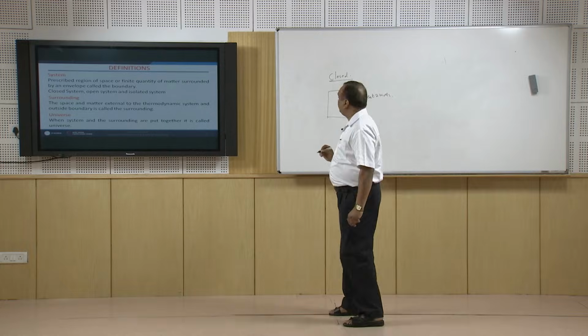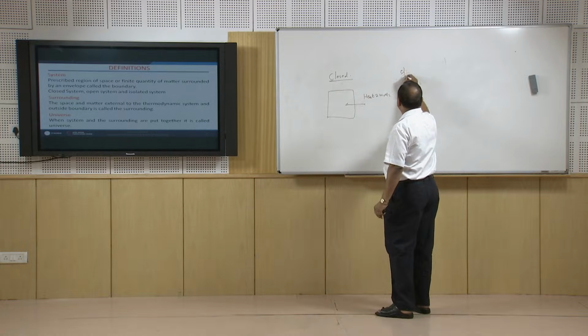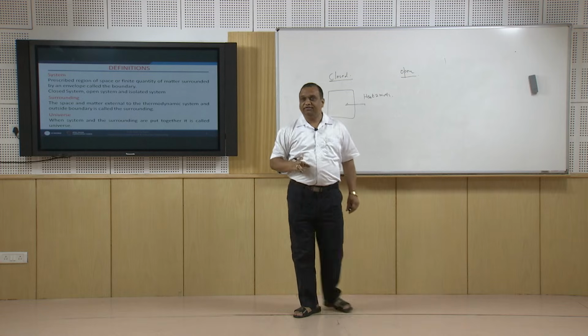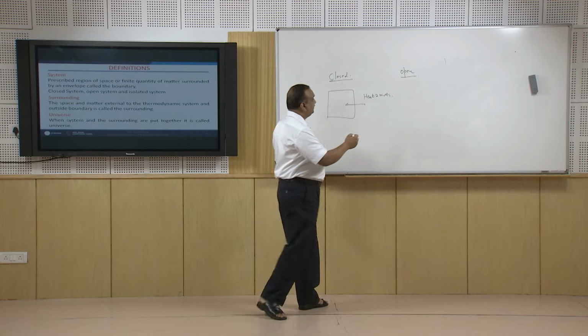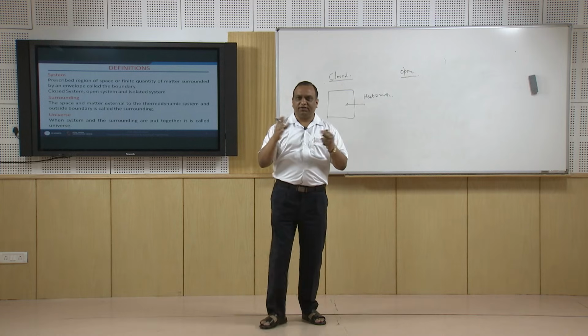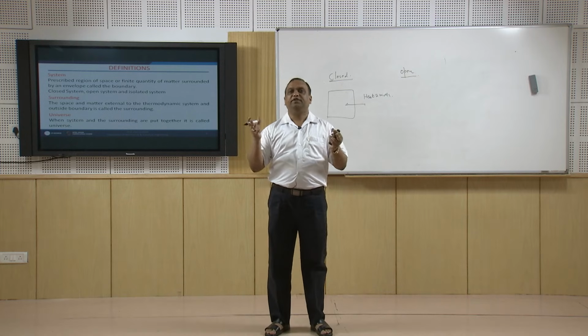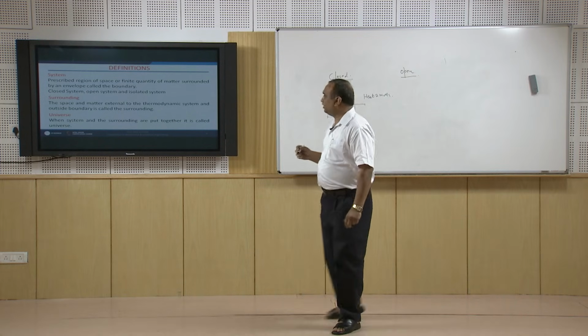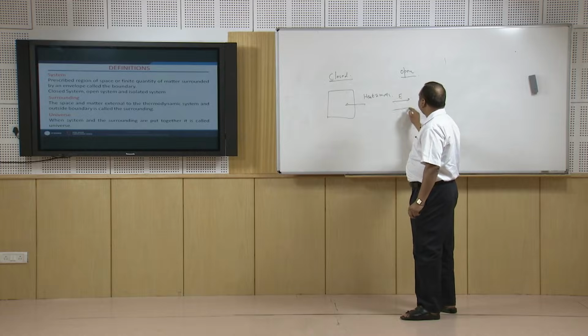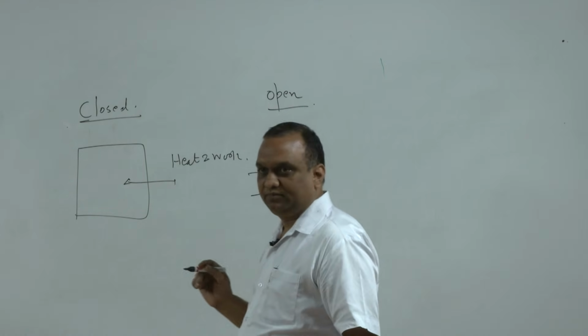In an open system, there is energy and mass interaction with the surroundings. So, an open system is like a wire mesh box. Suppose there is a wire mesh box kept in space. In a wire mesh box, energy transfer and mass transfer both can take place.